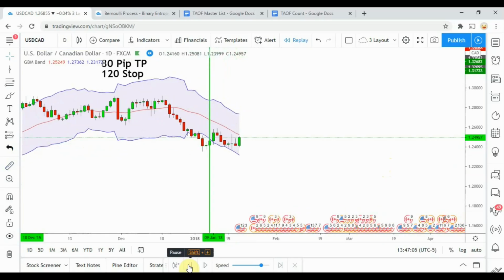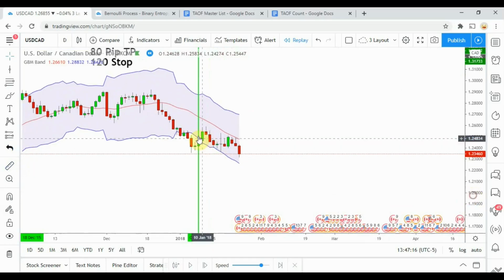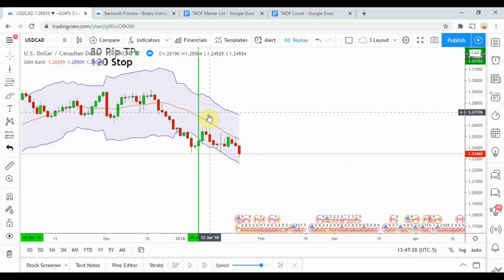Let's go ahead and keep playing it out. We are looking for two things. We are looking for a touch, like for the body to close on the line, either upper or lower, and we are also looking for wicks to spike through the lower or upper band.